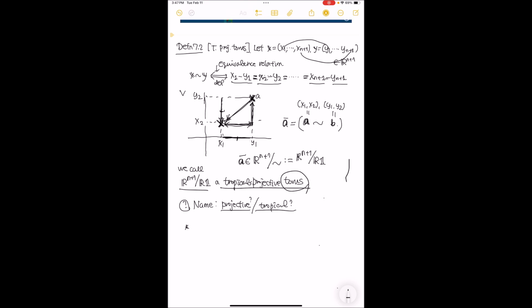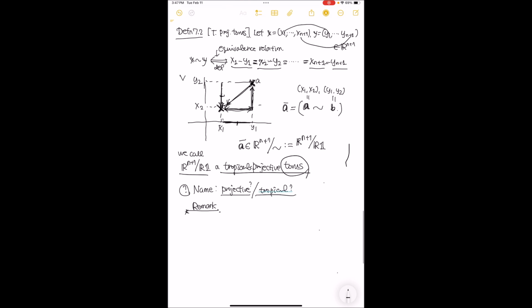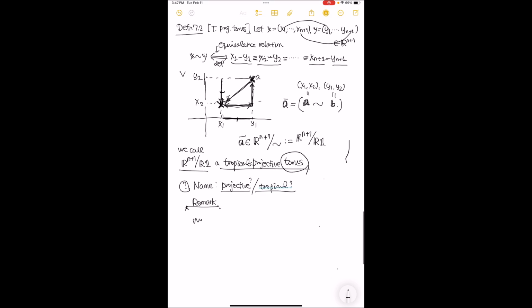First, the properties of the tropical projective torus: we can identify this projective torus with R^n.